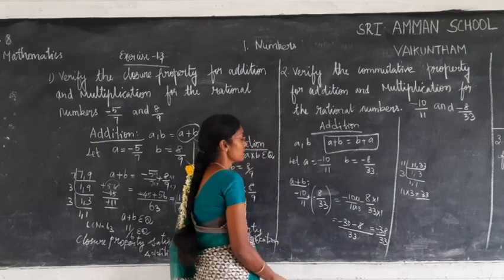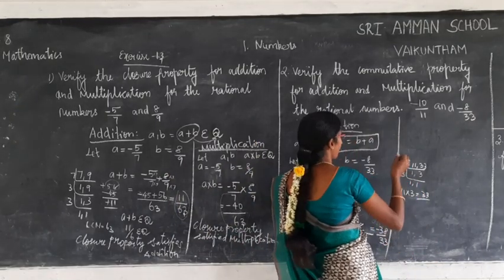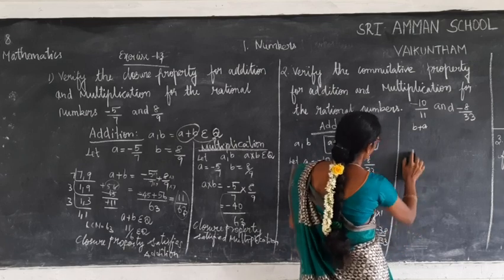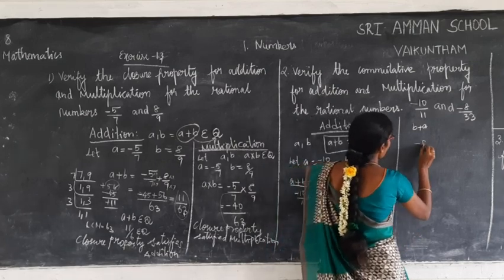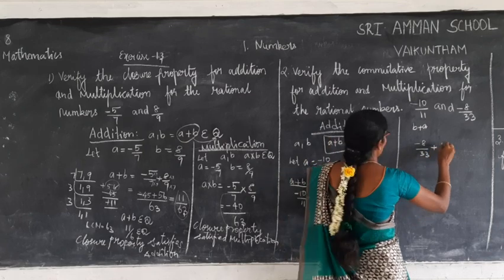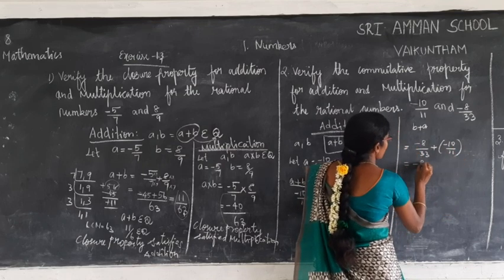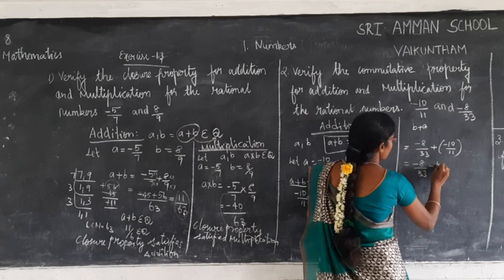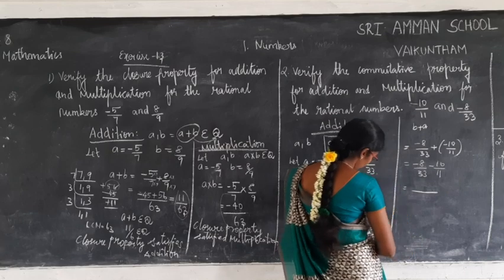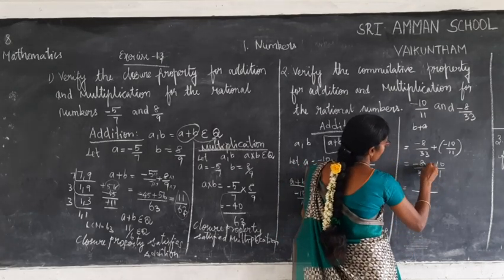So what is the LHS? Minus 38 by 33. Now you have to verify the RHS, b plus a. So what is b? Minus 8 by 33 plus minus 10 by 11, that is minus 8 by 33 minus 10 by 11. If you take LCM, you will get the same value, that is 33.